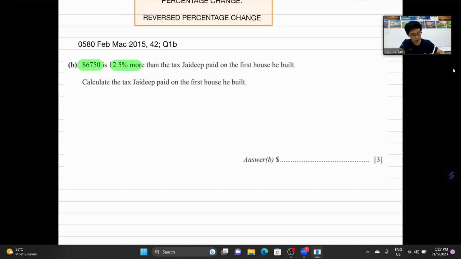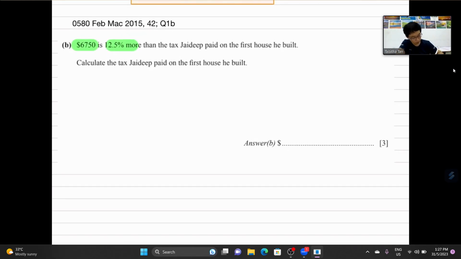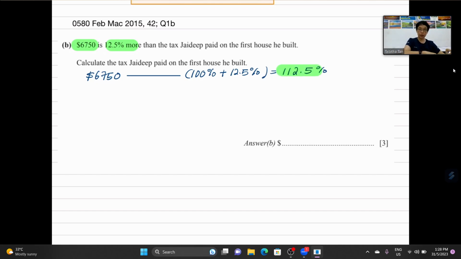So this 6,750 amount is the amount after change, and it is represented by 100% and then more, so we add 12.5%, and that gives us 112.5%. This is the percentage that represents this amount.